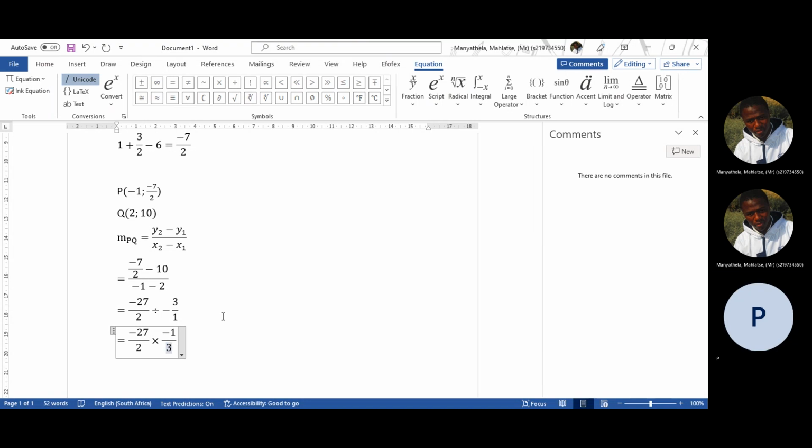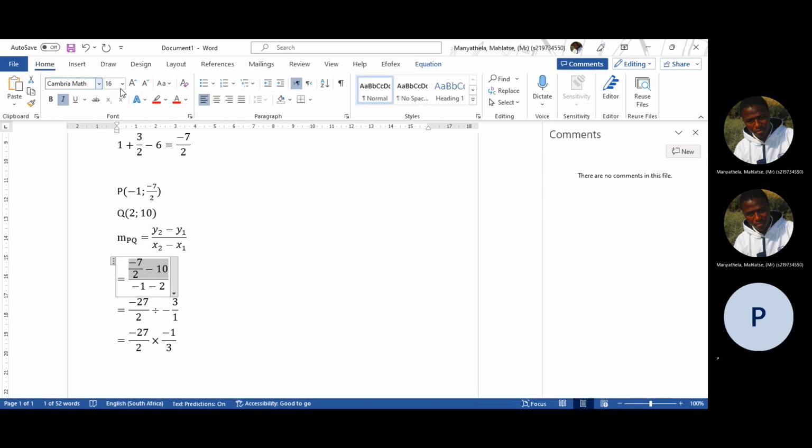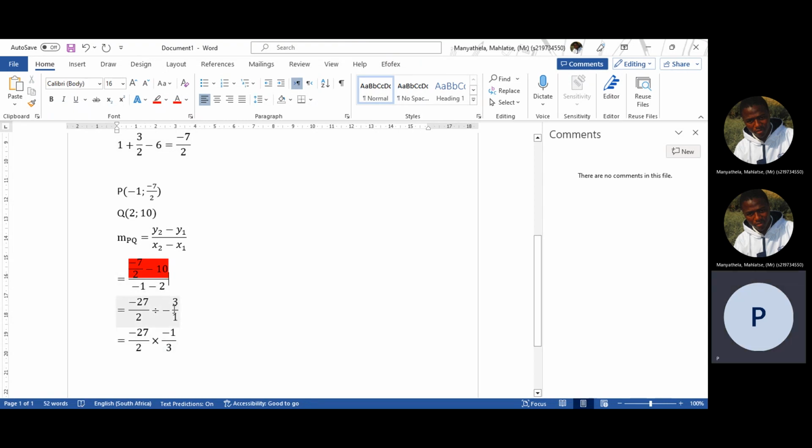If you do only this part, minus 7 over 2 minus 10, the part that I've highlighted in red, it's minus 27 over 2. That's where it comes from. So this minus 3 comes from minus 1 minus 2. Yes, that one I understand.